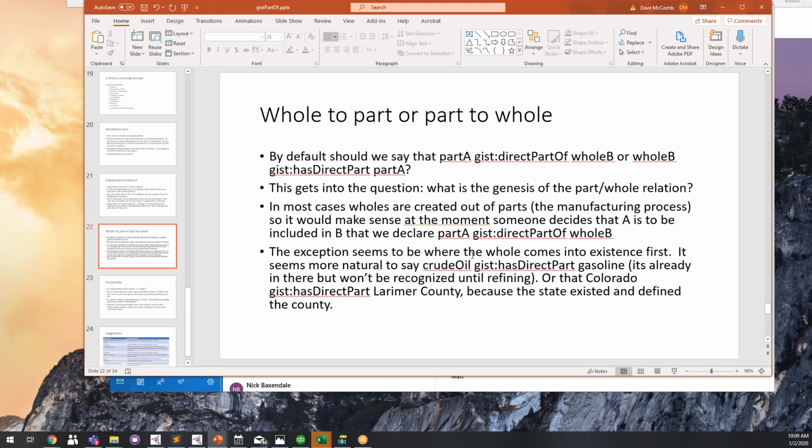It seems to me that direct part is such a generic word that it would be good to have a rich collection of terms within GIST that express this, that are specific to contexts and that are easy to use and normative for many people and many organizations, and that we make direct part to be applied in specific areas where we don't have a more specific, more intuitive one.